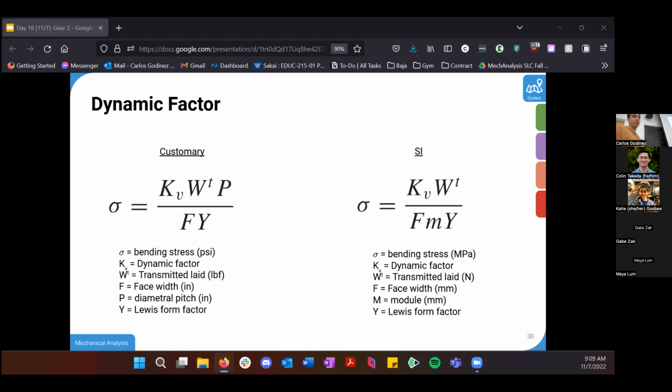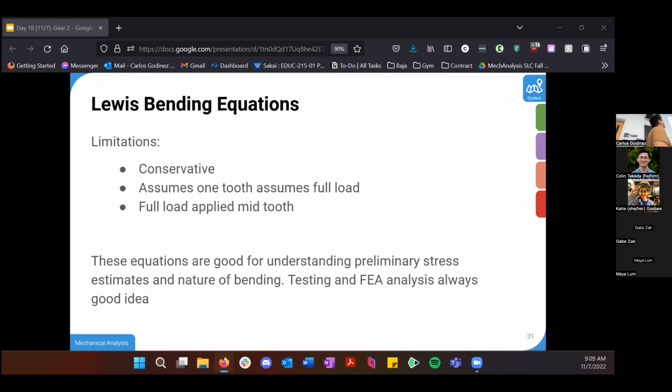So those are the two equations for the Lewis bending equations and static failure or low cycle. There are some limitations to it. This is a pretty conservative formula. It's usually your first pass. I wouldn't do these equations and then just say, okay, my gear train's ready to be assembled.